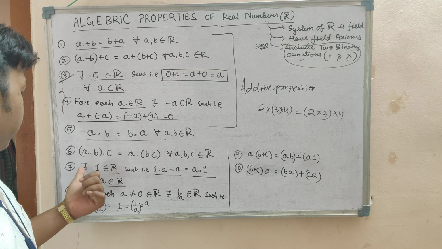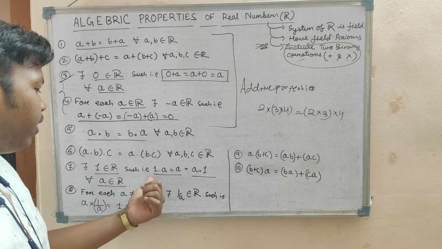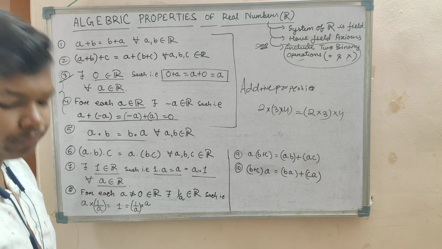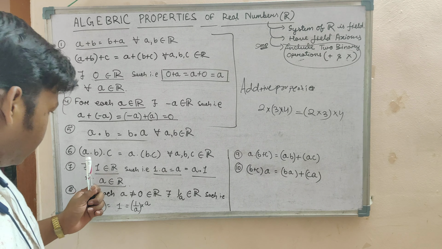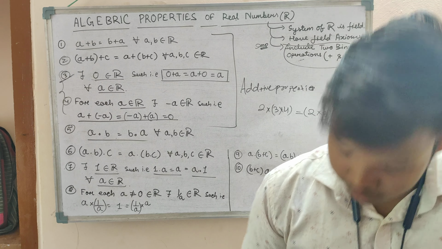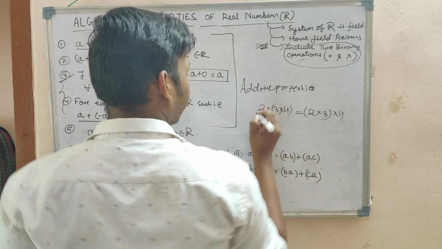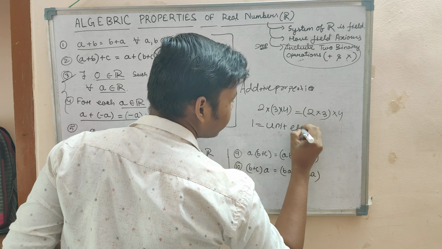Then the 7th point, there exists 1 belongs to R such that 1 dot a is equal to a is equal to a dot 1. This is the existence of one, or unit element. We call one the unit element.